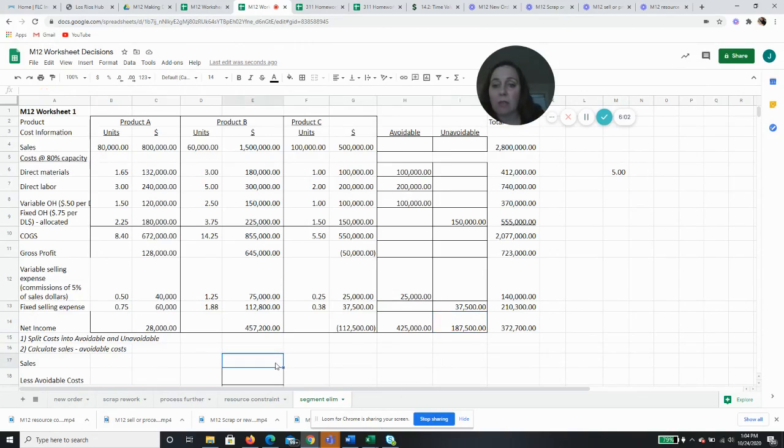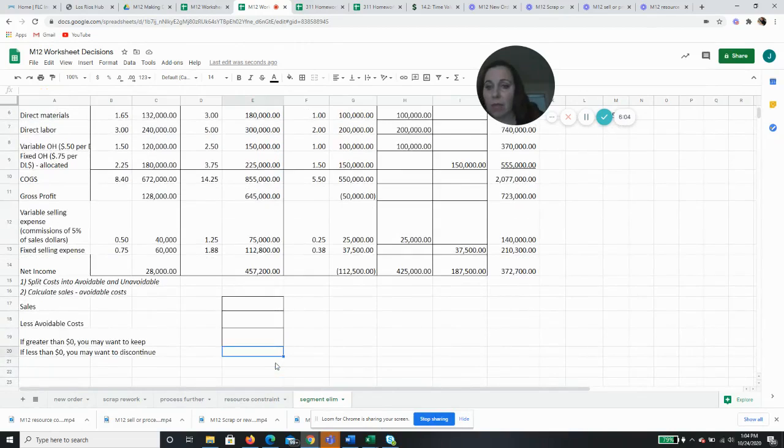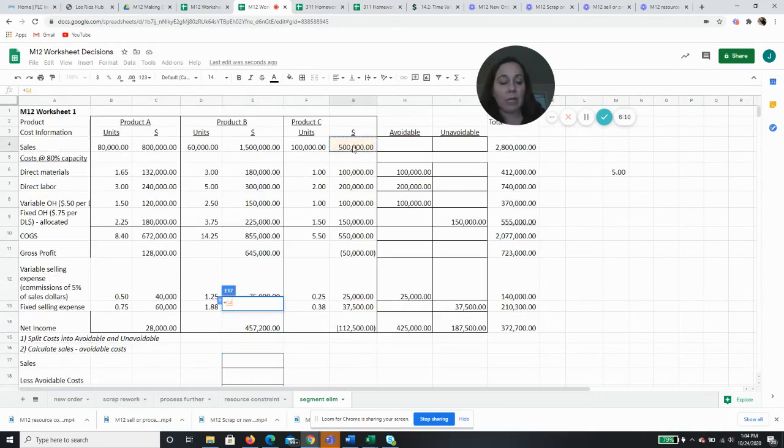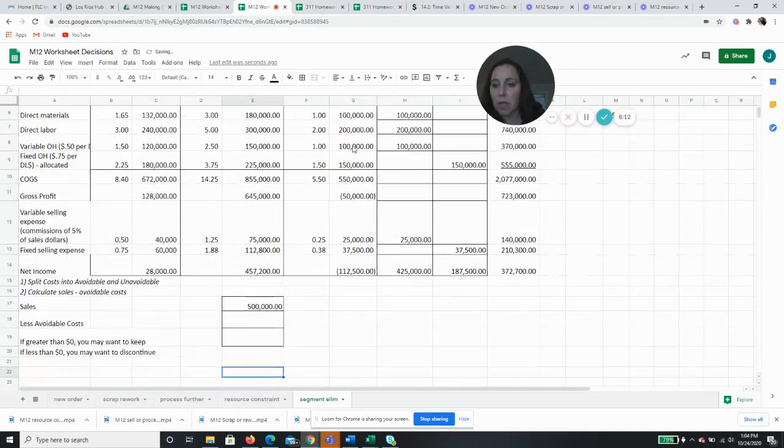All right. So now to make my decision, I look at the sales on product C. How much am I bringing in related to product C? And I'm bringing in $500,000. Then I subtract my avoidable costs, which were $425,000.